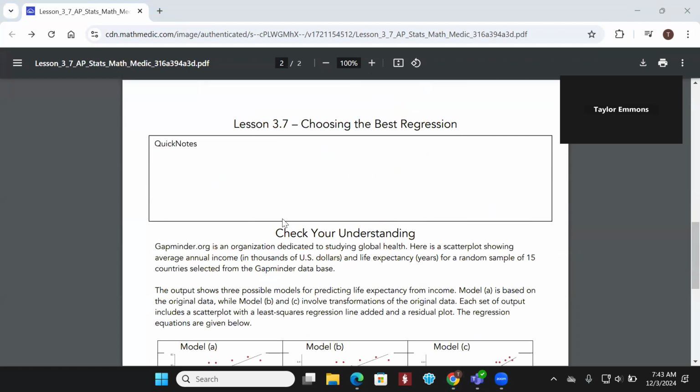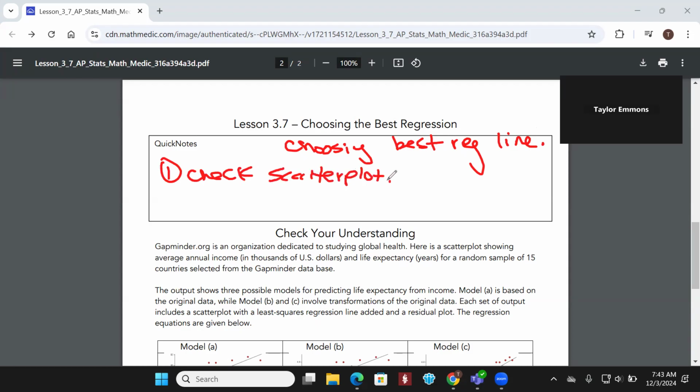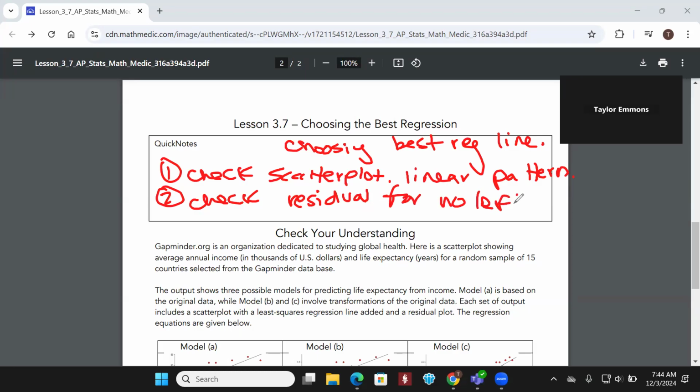So what we went over was choosing the best regression line. So 1, we got to check the scatter plot and see if it has a linear pattern. 2, we're going to check the residual for no leftover pattern.